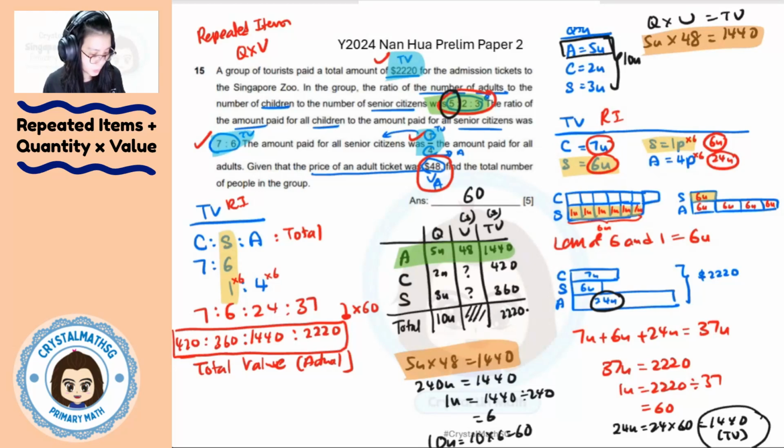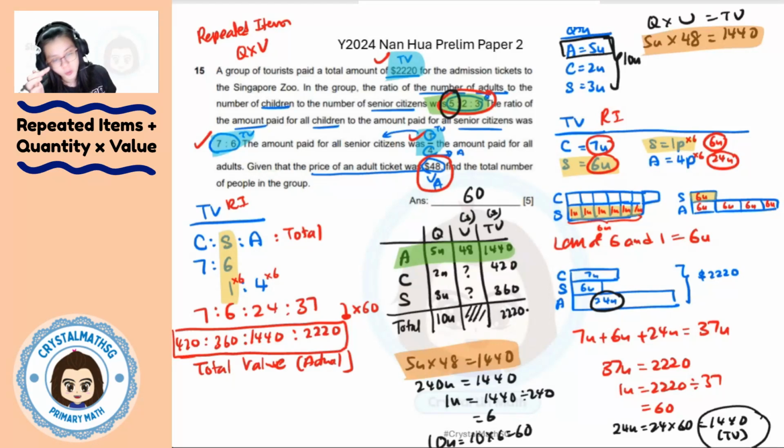Okay, this is one of the typical questions that you can see in prelim. The first part is usually the repeated item. The repeated item can be one ratio, one fraction, or two ratios, or two fractions, or it can be the remainder of the different sets, or percentage of a set, or percentage of remainder. So the first part is repeated item.